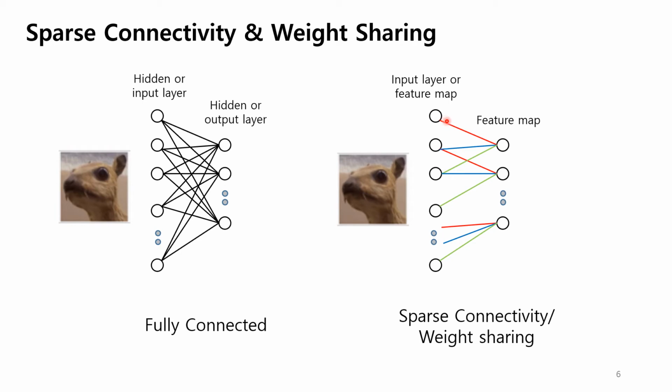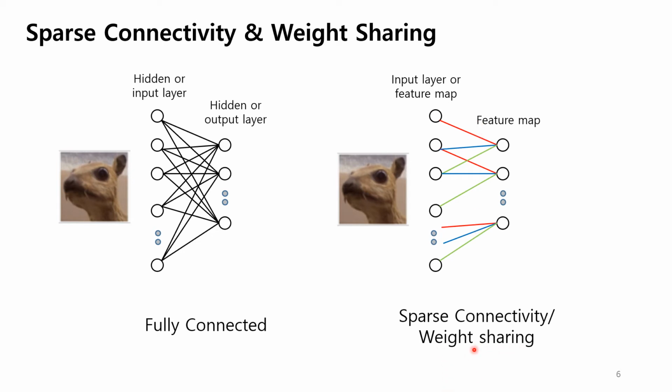In this case, say you have a red weight, blue weight, and green weight. And these weight values, whatever they are, are exactly the same as these weight values, and the same all the way to the end, across all these nodes in the same feature map. That's why I colored them the same: blue, red, blue, and green. So this is called weight sharing.